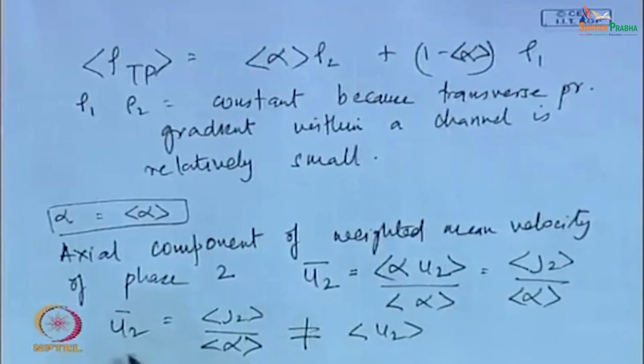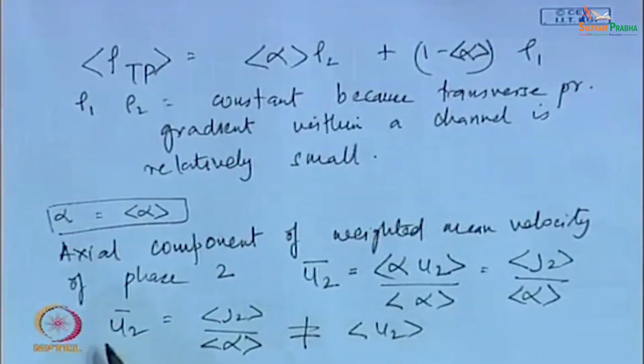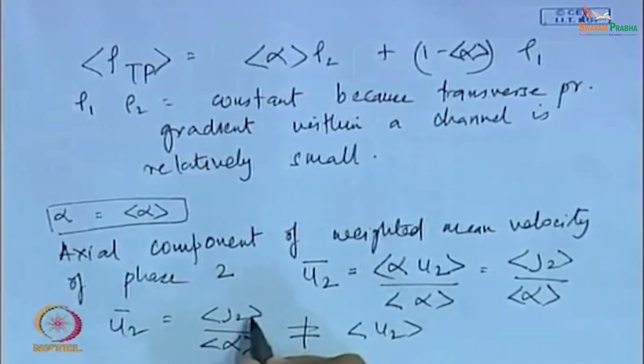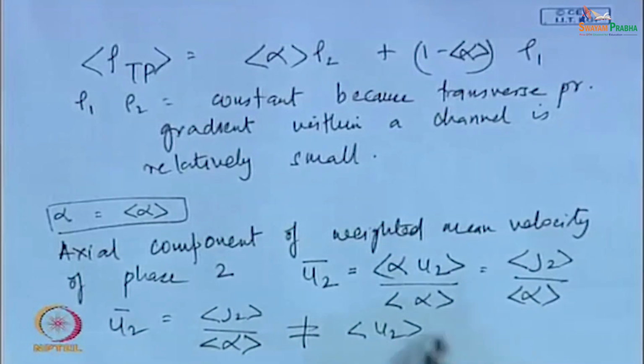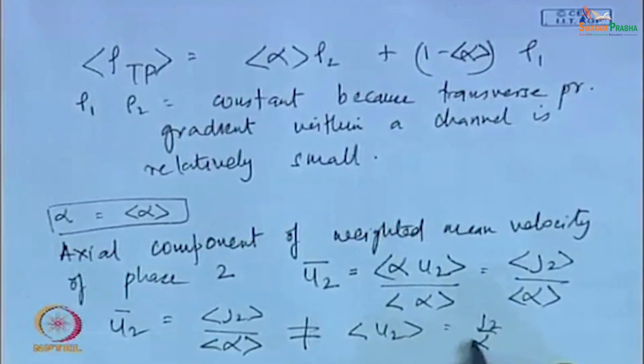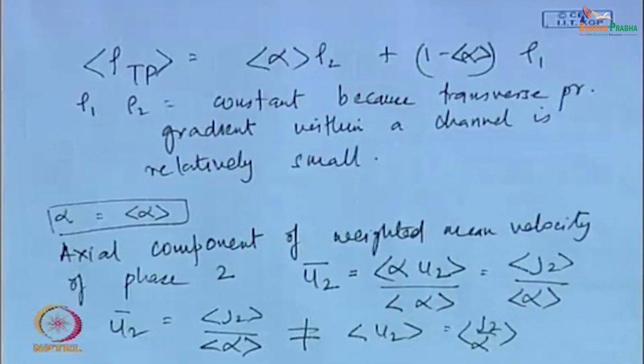This is the weighted mean, this is the cross sectional average. The void fraction weighted mean velocity, this is the cross sectional average velocity. These two are not equal. Why? This is equal to the cross sectional average of J2 divided by the cross sectional average of alpha, whereas this means J2 by alpha over which the cross section is taken.